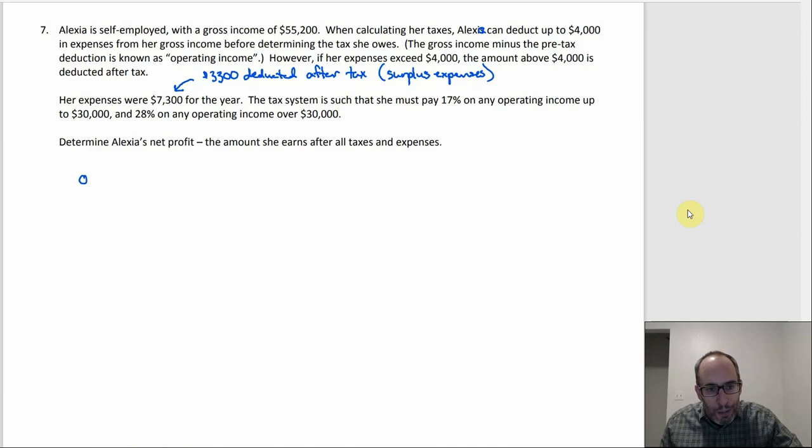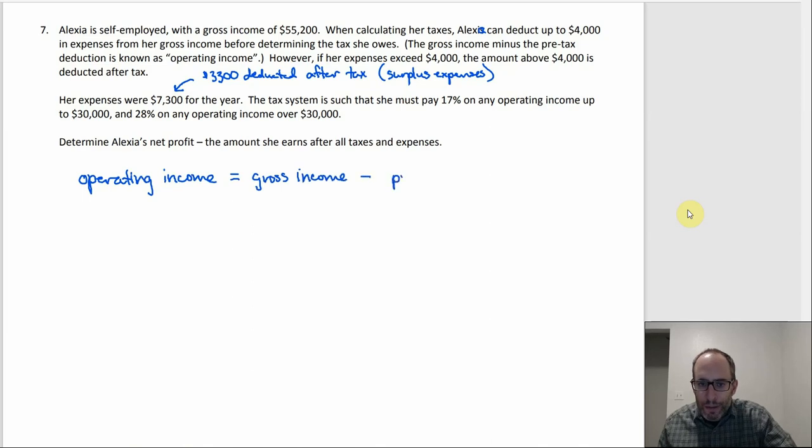So for operating income, that's going to be equal to the gross income minus the pre-tax deduction, which is the 4,000, right?